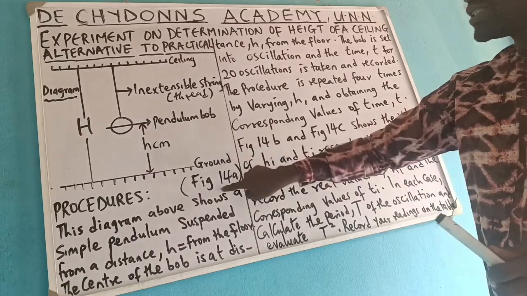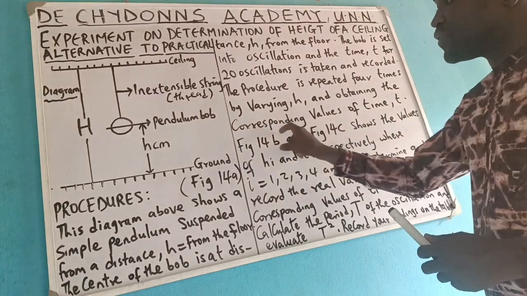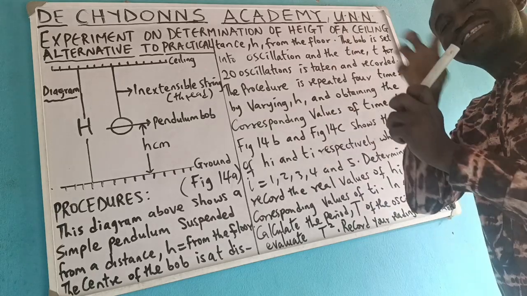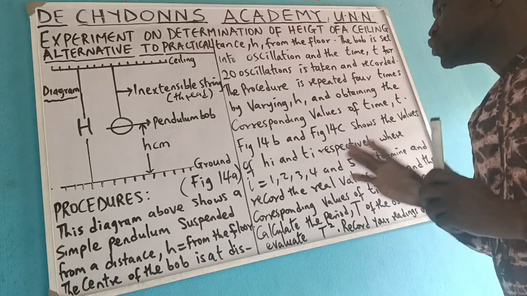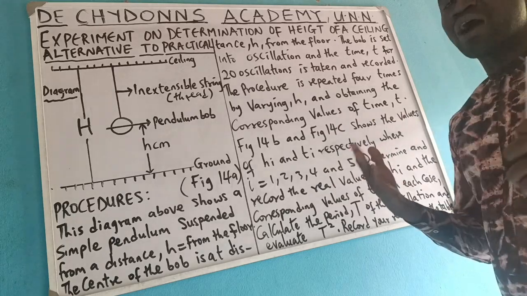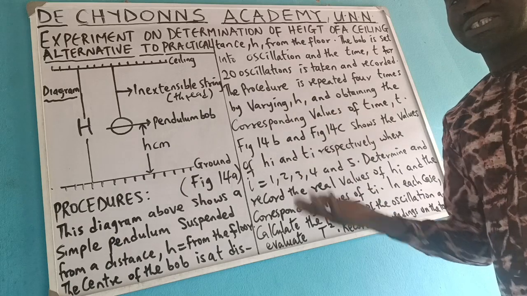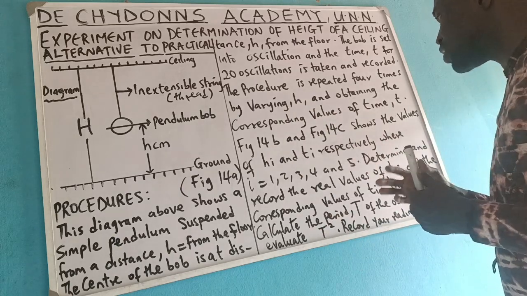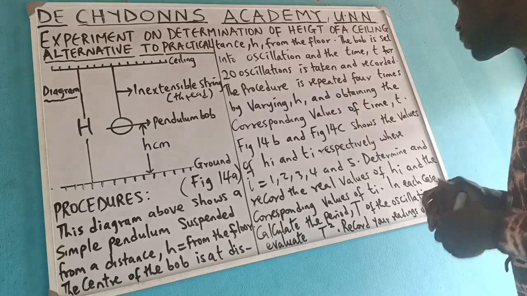This is Fig 14a. Now, when we see Fig 14b, we will see their results. They want us to extrapolate the results using the scale that will be given to us. And this is how this experiment is run in GCE exams and other secondary school exams, so to speak.